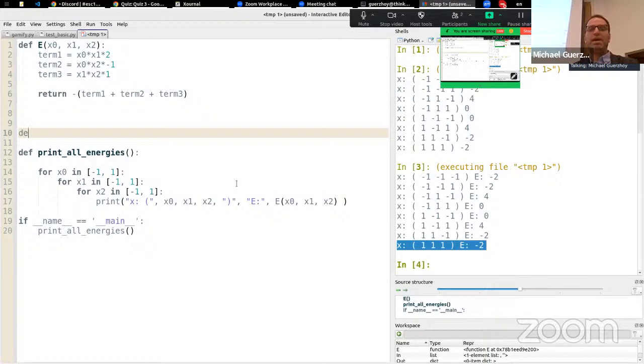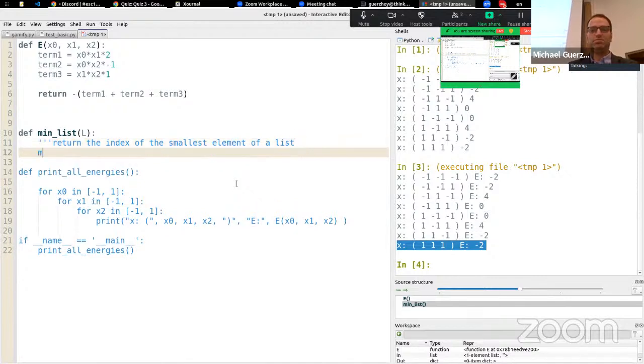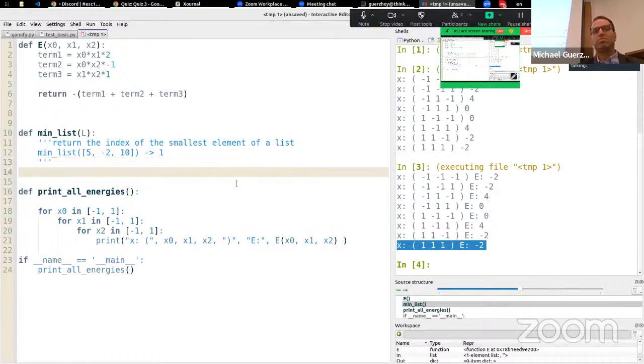If I want the minimum of a list, how can I do it?